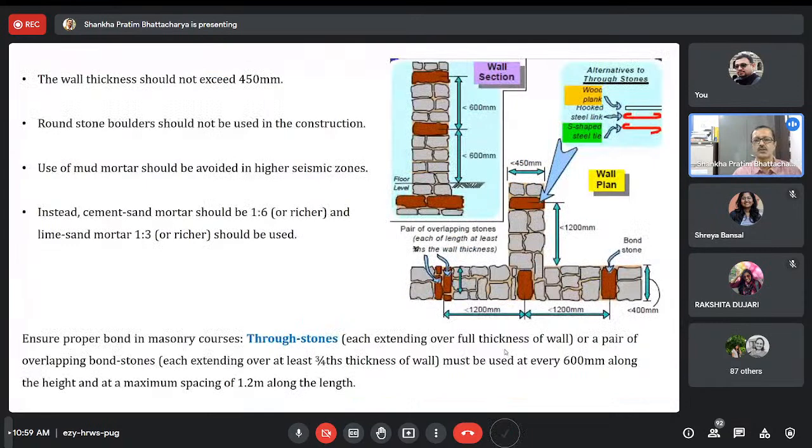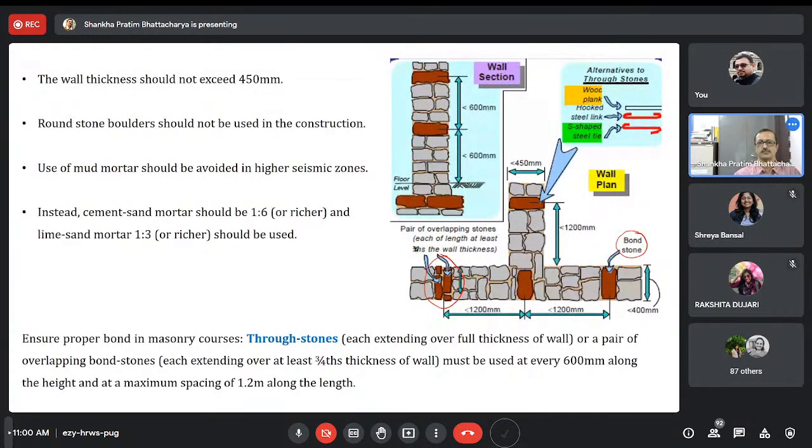You have to ensure some keystone. It is given that you have to ensure distances of 1.2 meter horizontally and 600 vertically. That is called a bond stone. If a stone with width equal to the width of the wall is not available, try to use this kind of bonding where lapping is there, so that at least there is no horizontal or vertical continuity.